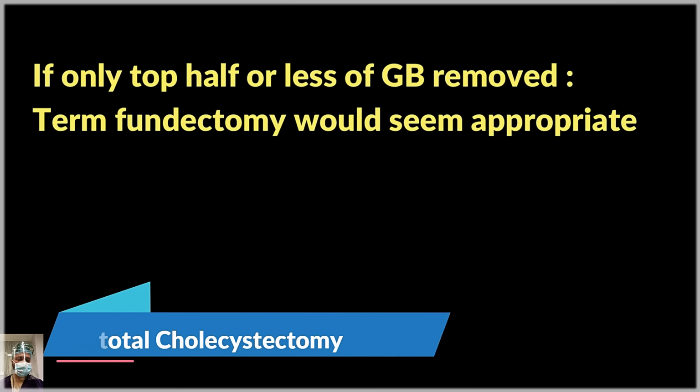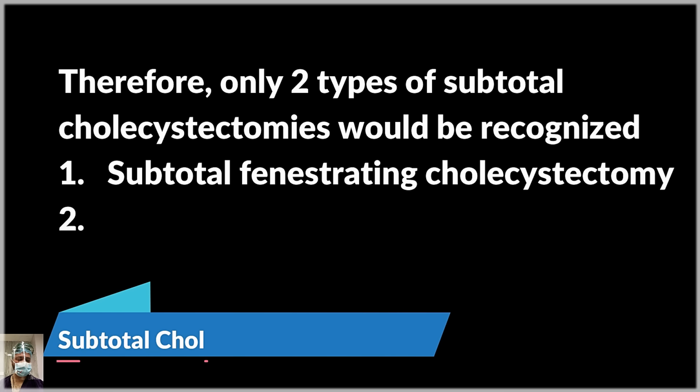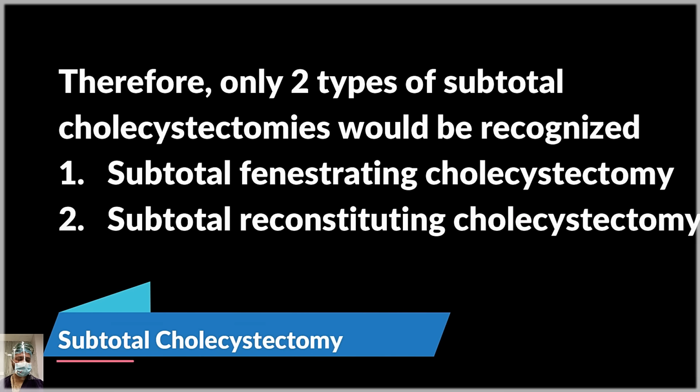This creates common ground so we can compare data and communicate better over a larger platform. So there will be only two types of subtotal cholecystectomy for easier reproducibility: subtotal fenestrating type, when we keep it open, or reconstituting type, when we close the remnant GB.